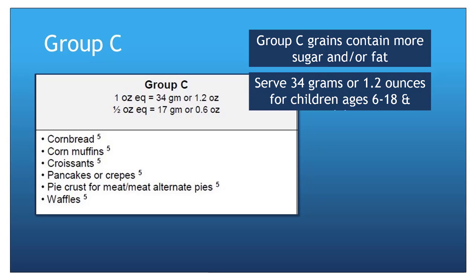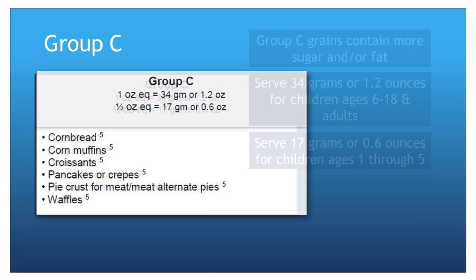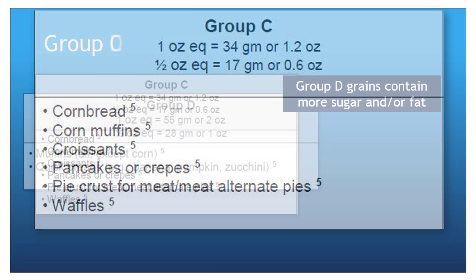The required serving size is 34 grams or 1.2 ounces for children ages 6 through 18 and adults, and 17 grams or 0.6 ounces for children ages 1 through 5. The foods in this group include cornbread, corn muffins, croissants, pancakes or crepes, pie crust from meat alternate pies, and waffles. All of the items in Group C are identified with footnote 5.